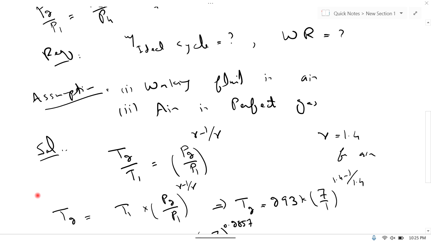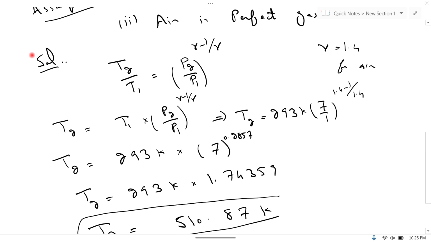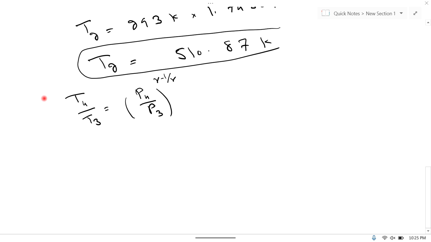Here we know that P3 by P4 is 7 by 1, but here it is P4 by P3, so it is the reciprocal. P4 by P3 is equal to 1 divided by 7. So T4 is equal to T3 multiplied by P4 by P3 to the power gamma minus 1 over gamma.